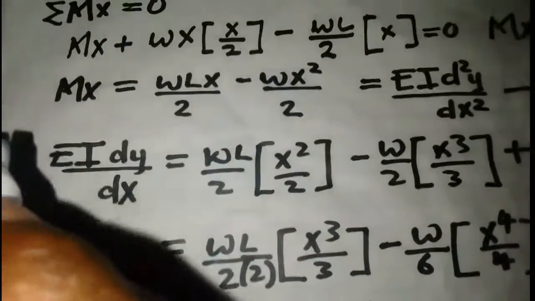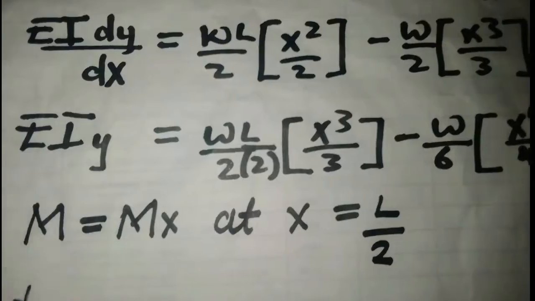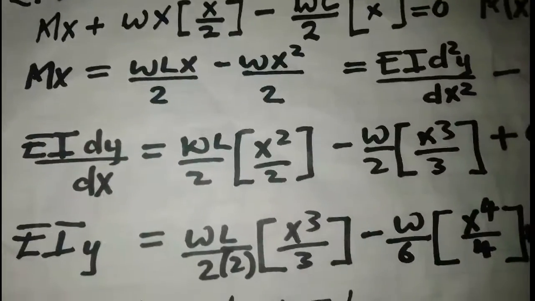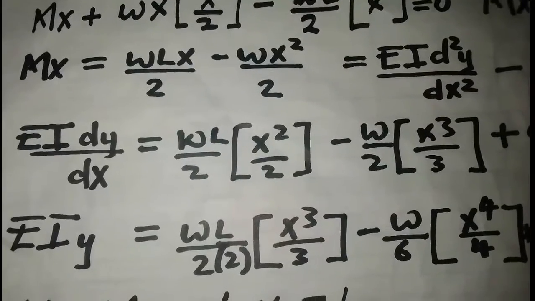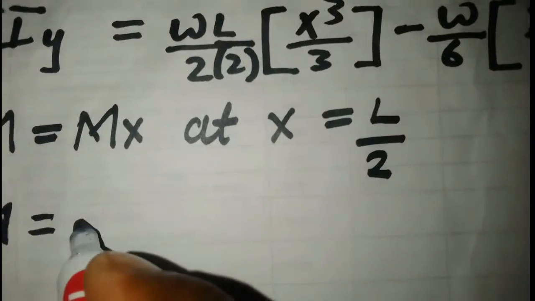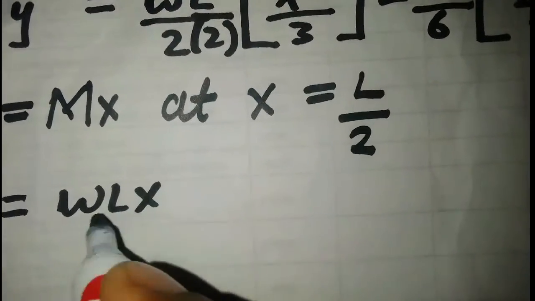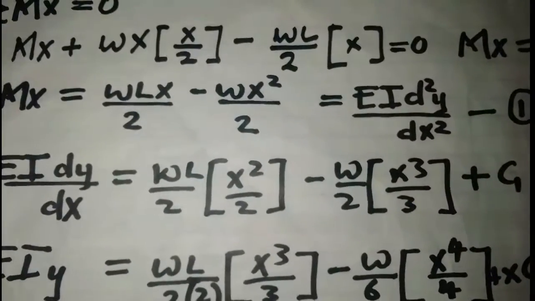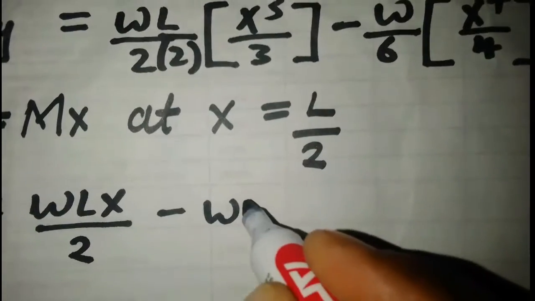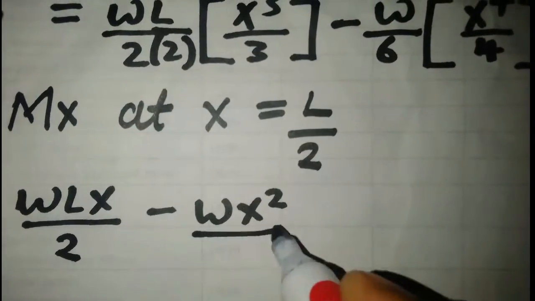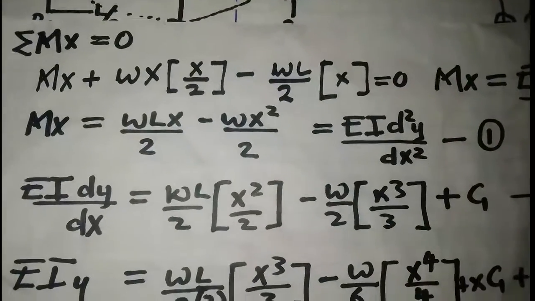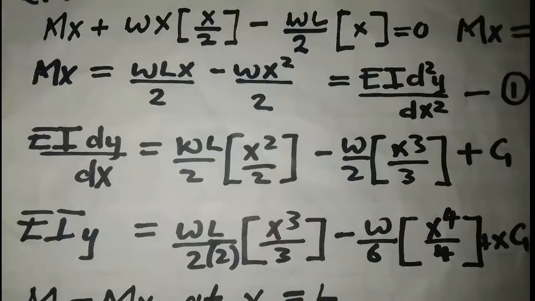So for Mx, M will be equal to WLx over 2, and subtracting Wx squared over 2. And here it is equated to EI d squared y over dx squared, which is equal to Mx.